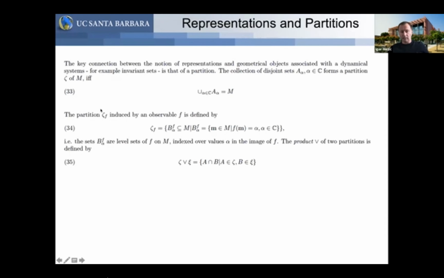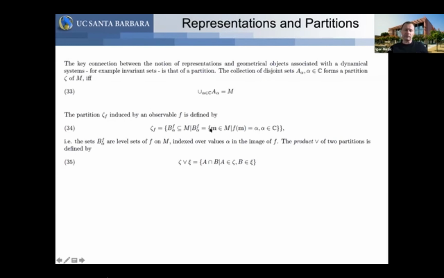A particularly important subclass of partitions is those induced by an observable. Partitions induced by an observable satisfy this definition here. They're composed of sets such that each element is the pre-image under some observable, complex observable in general, the function f.